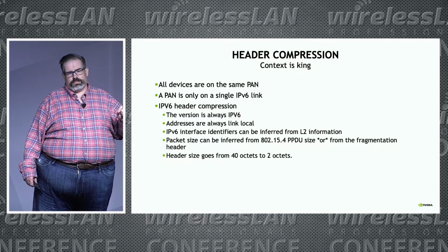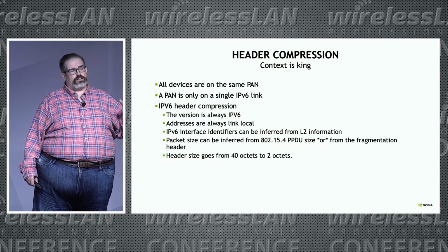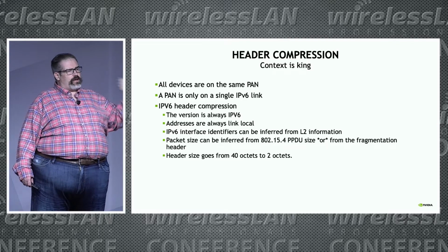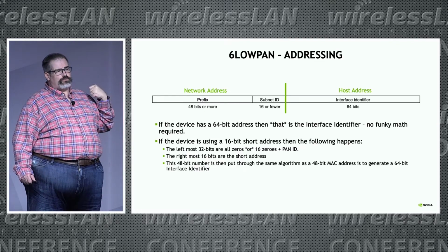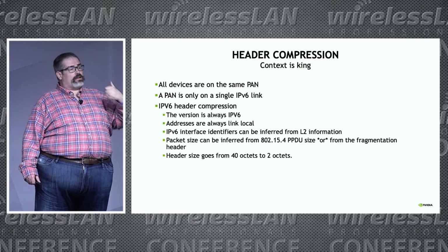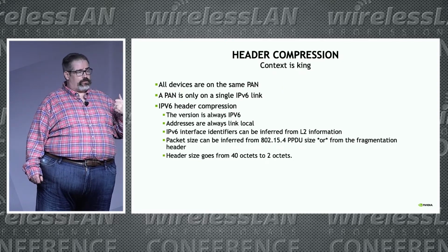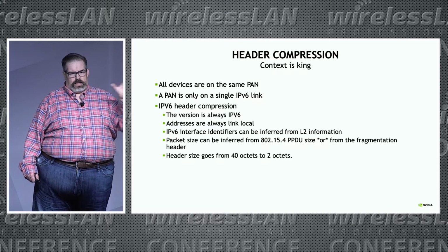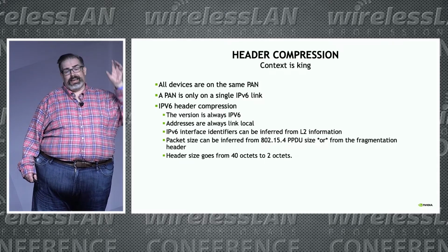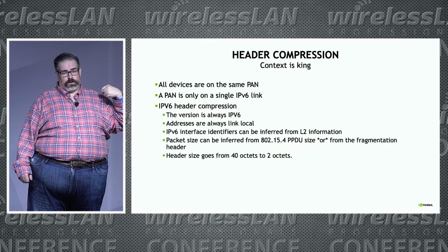The addresses, the interface identifiers, you can figure that out from the L2 information because we just went over how you do that. Because you know how to compute the address, and I know the L2 address of the person that sent me the frame, I can reconstruct the IPv6 source and destination address information in the packet header from the frame header.